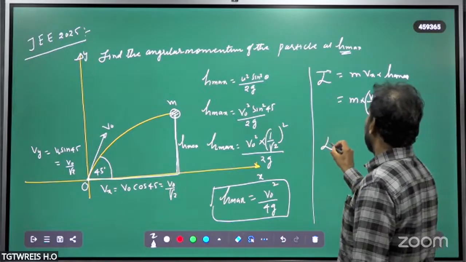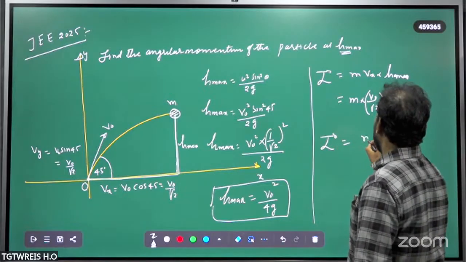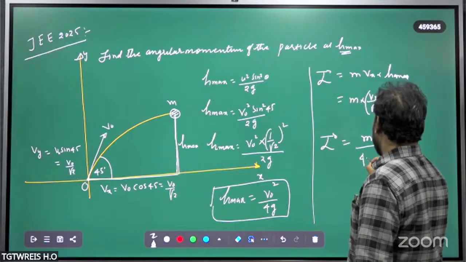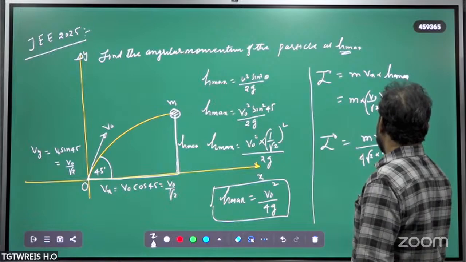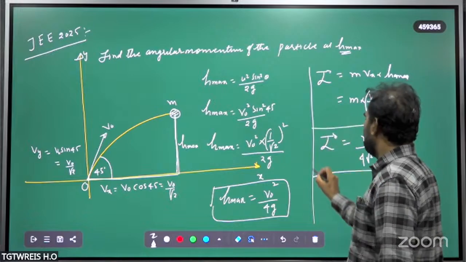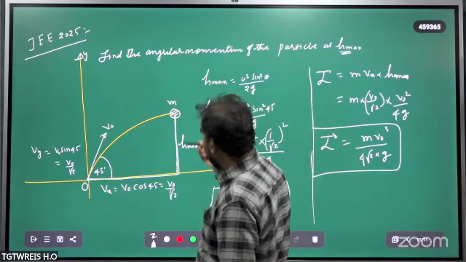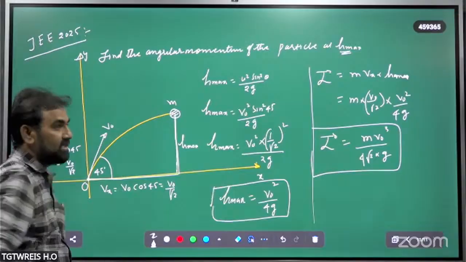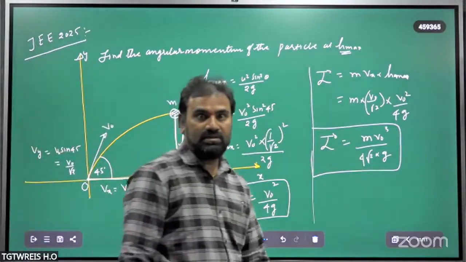So the angular momentum is m v naught cube upon 4 root 2 g. This is the angular momentum of the particle about the point of projection. Is it clear?